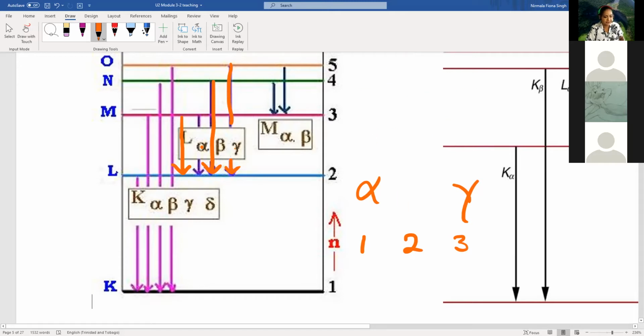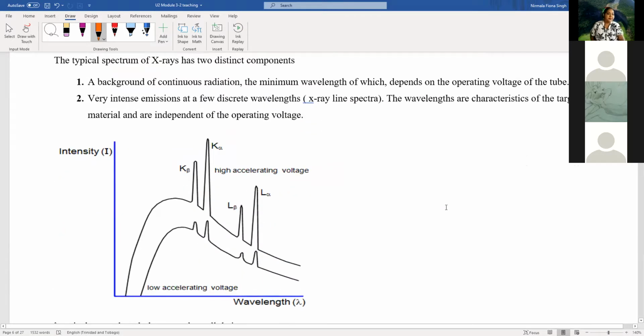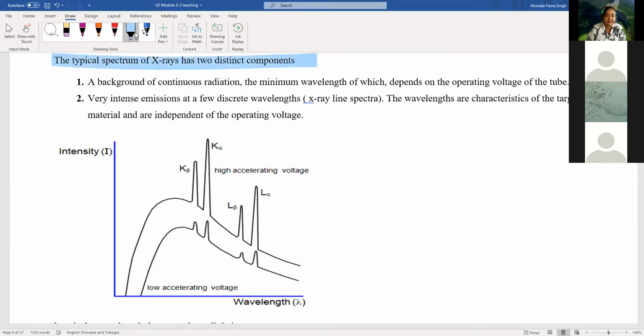So let's see what this looks like in a graph, because what is physics without a graph, folks? The typical spectrum of X-rays has two distinct components. One, it has a background of continuous radiation, the minimum wavelength of which depends on the operating voltage of the tube.